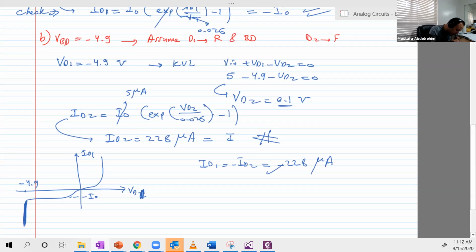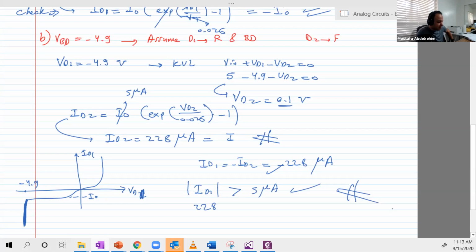It must be at least minus I naught, that's just the beginning here. I naught is actually 5 microamps, so ID1 as a magnitude, 228, is actually much larger than 5 microamps. That's the second check.